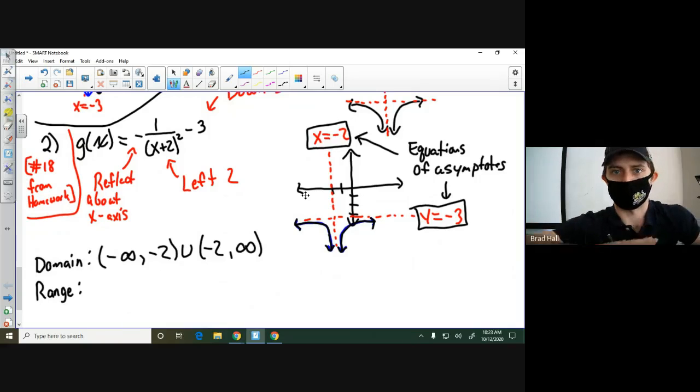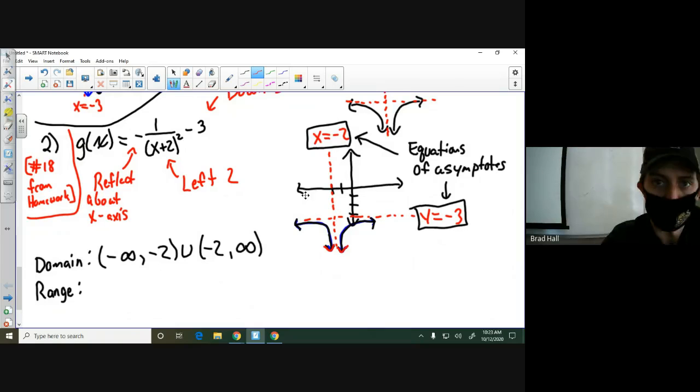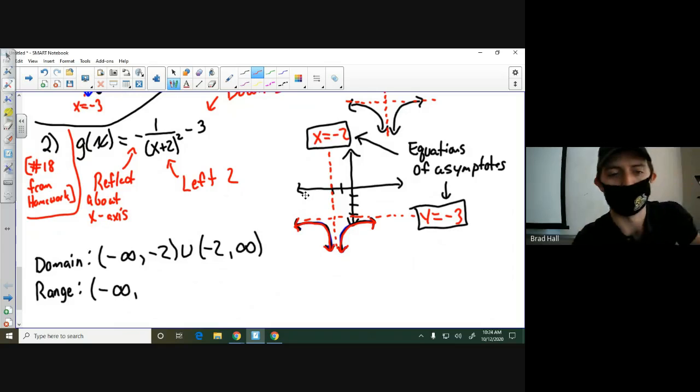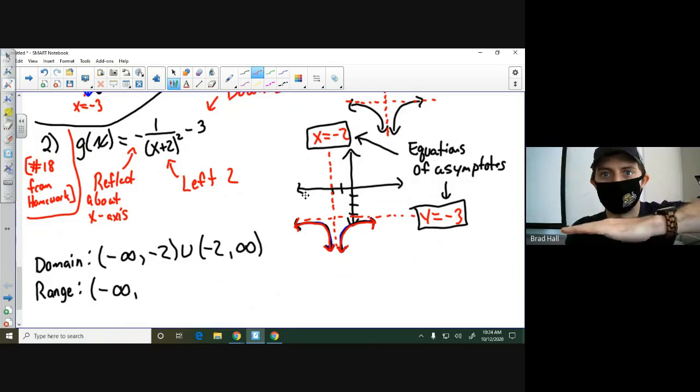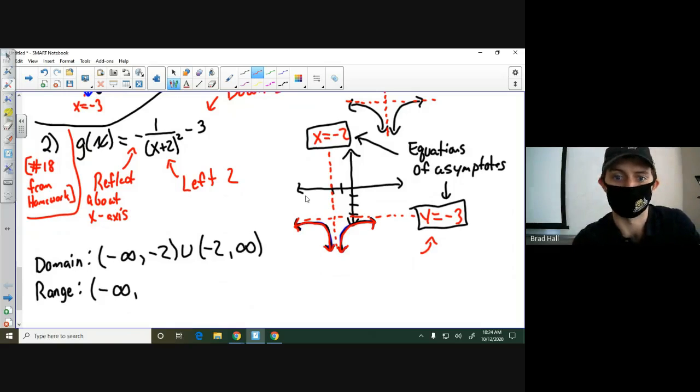The range here, remember, that's lowest, highest. So the lowest we can go is to negative infinity. So we can go ahead and start off our range with the lowest, which is negative infinity. And then it slowly climbs up. And then it starts to level off because we hit another barrier. So what's the highest that we can go? Well, where does the barrier make us stop at? y is equal to -3.